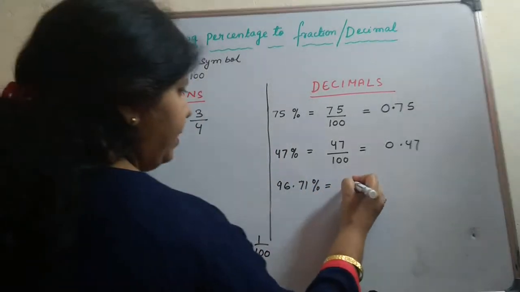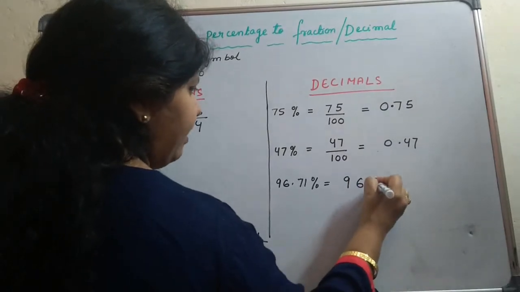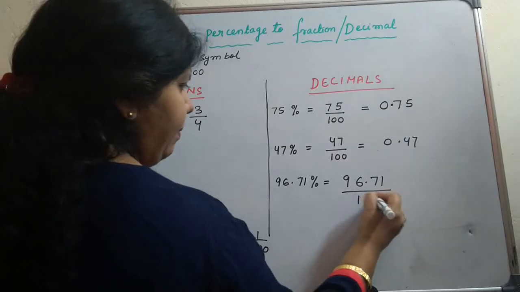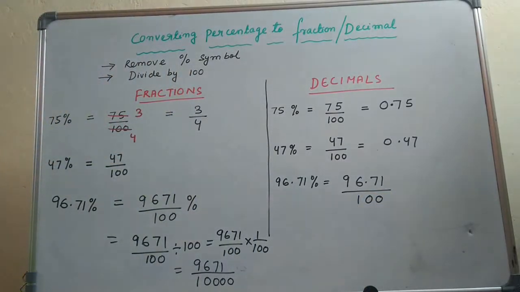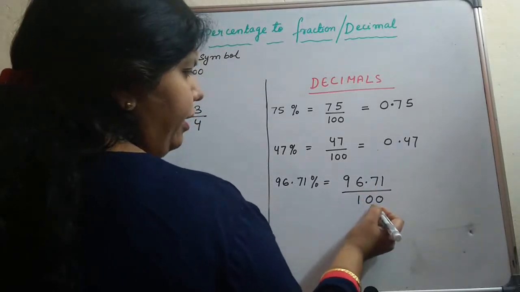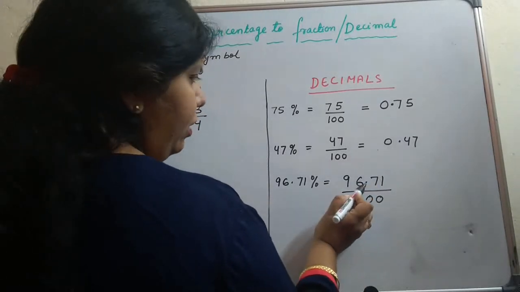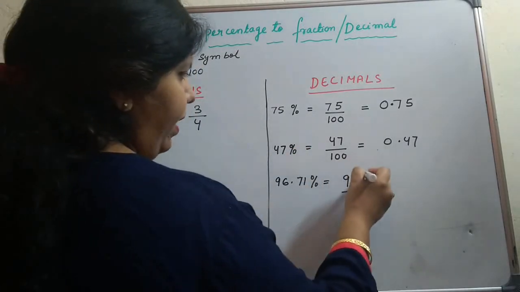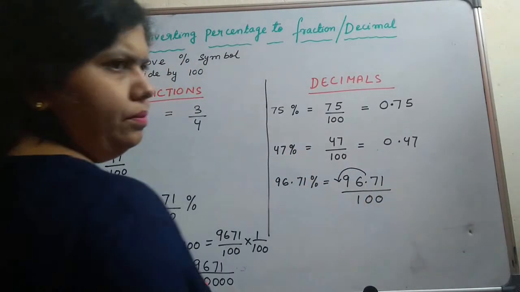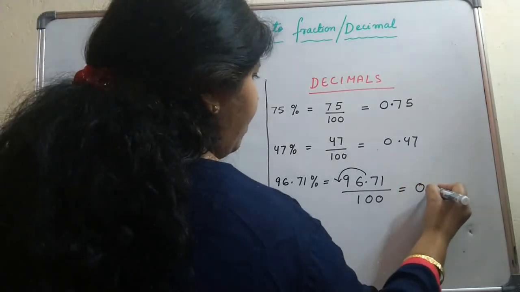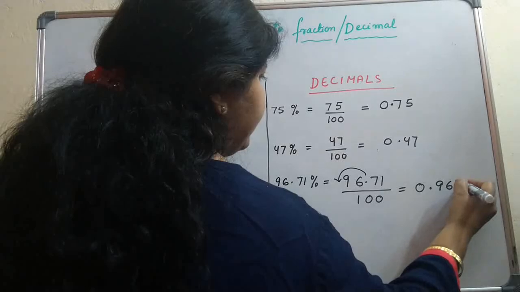So 96.71, we have removed the percentage and we will write by 100 here. Now when you divide this by 100, the point will shift 2 places towards the left side, somewhere here. So our answer will be 0.9671.